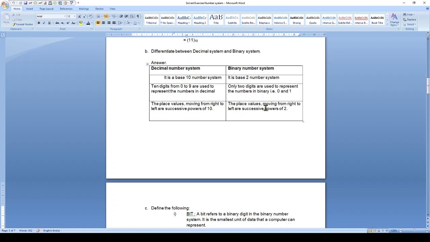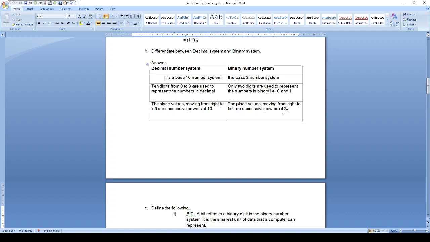The place values in a binary number system moving from right to left are successive powers of 2. That is 2 to the power 0, 2 to the power 1, 2 to the power 2, 2 to the power 3, 2 to the power 4 and so on.